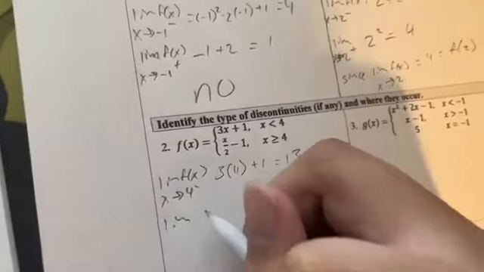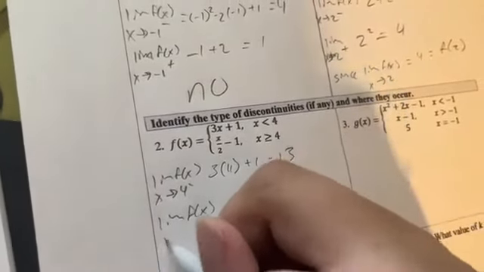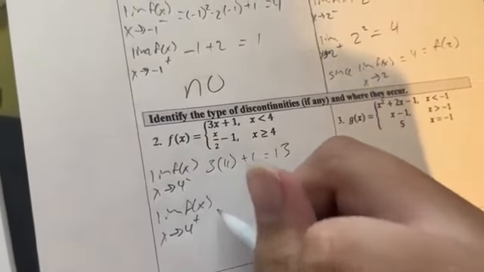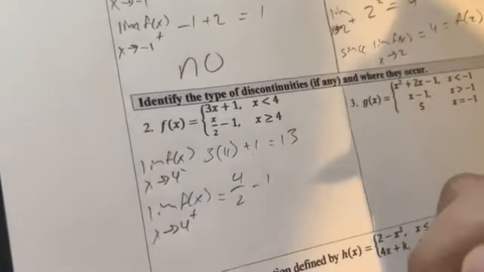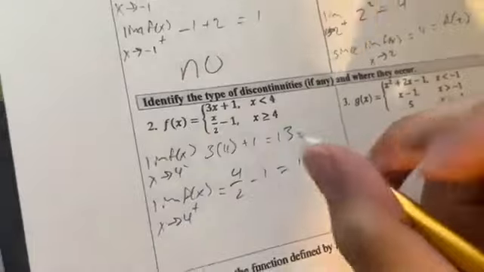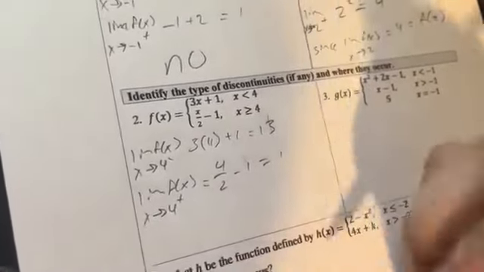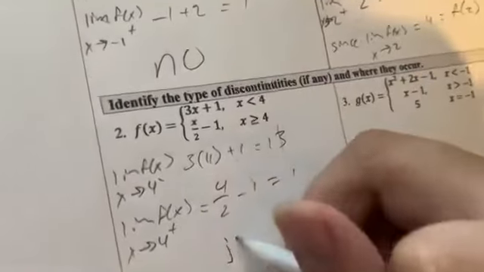The limit of f of x as x approaches 4 from the right, we use this equation, 4 over 2 minus 1, that's 2 minus 1, this equals 1. Since these two are very far apart, we know that this is a jump discontinuity.